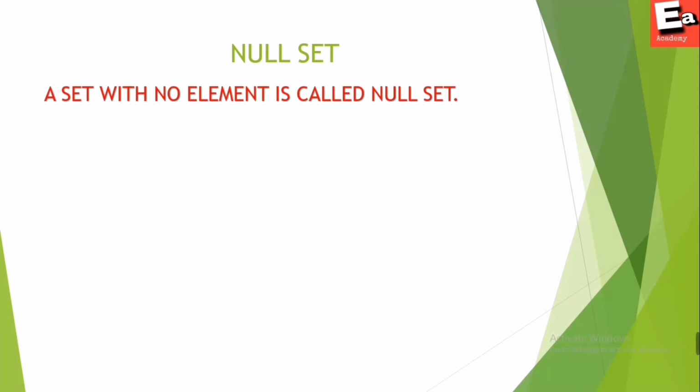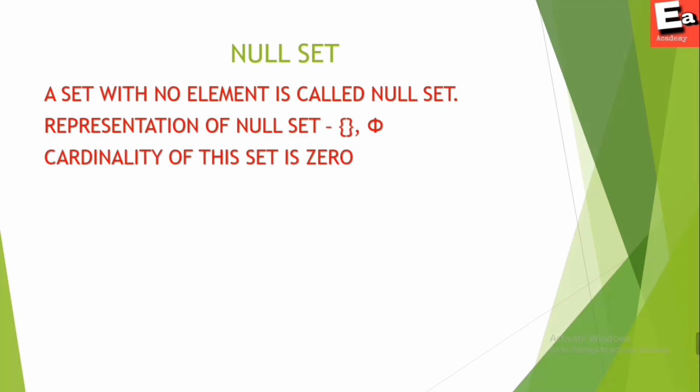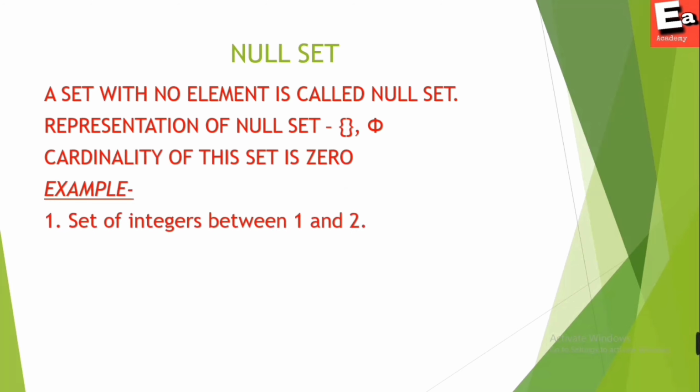Now let's talk about the empty set or null set. An empty set or null set means a set with no element, right? You can represent it by curly brackets without any element inside, or by phi. So the cardinality of this set is 0. So what are the examples? If I ask you to write down the integers between 1 and 2, you will not be able to, right?